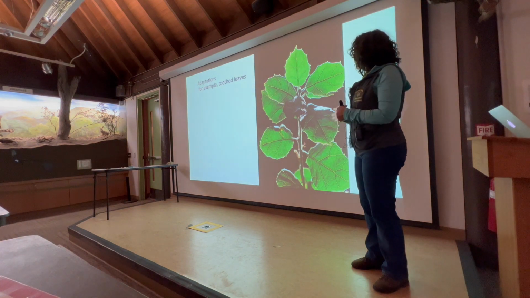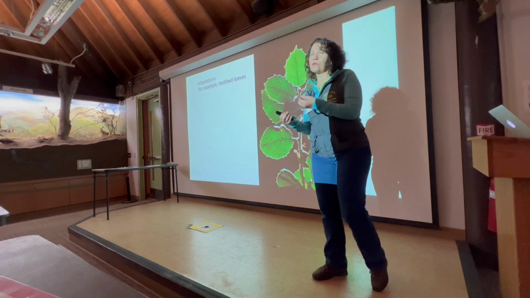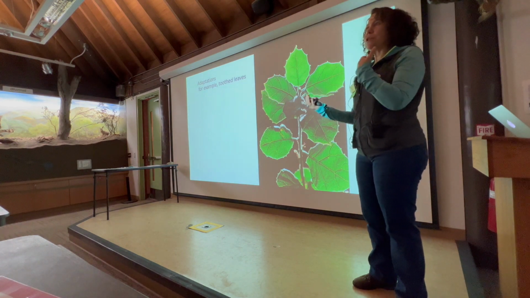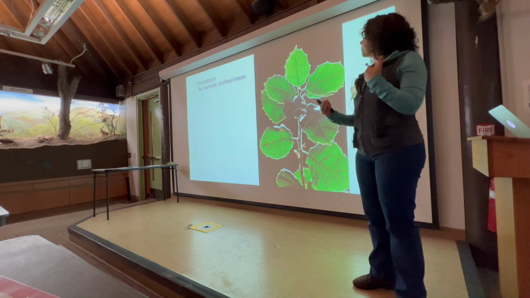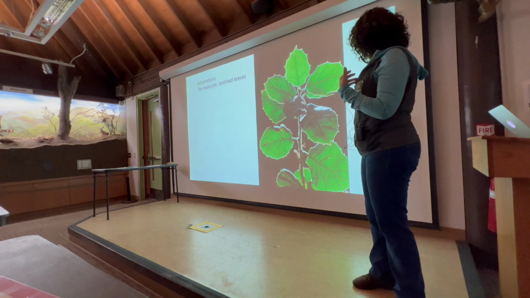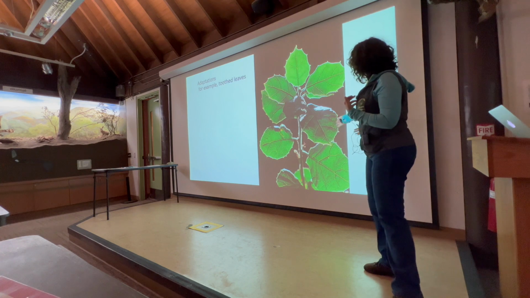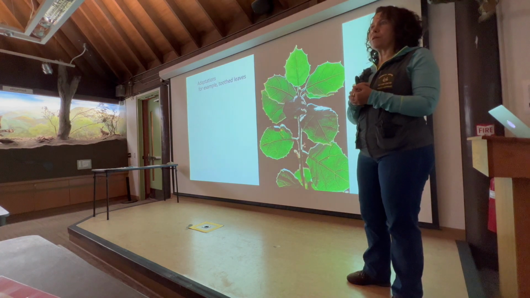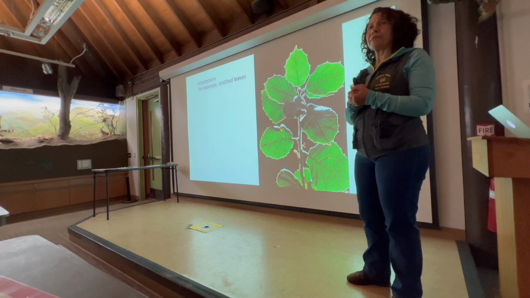So one of the ways that we see that things are connected to each other is through their adaptations in response to each other. Here we have an oak twig, right, and it has these two leaves. Did you learn in botany about anything about oak leaves and the shapes?